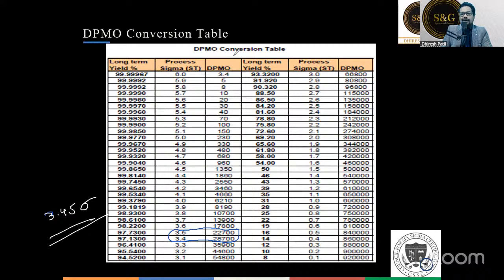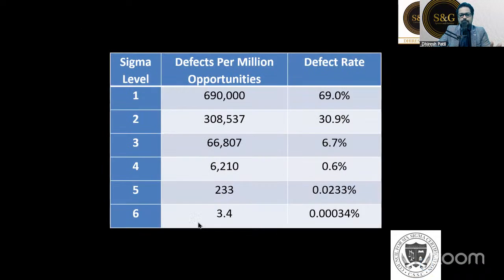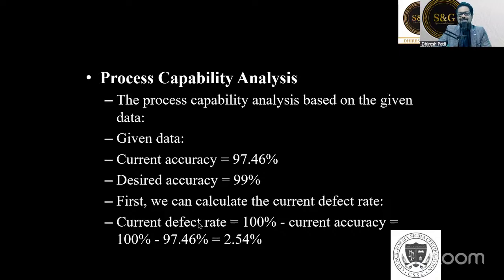So you calculate DPMO. How did we calculate DPMO? 2.54% was the defect rate. Let me repeat the process once again. Just observe very carefully. You can see here 97.46 was the accuracy rate. So 100 minus 97.46 is equal to 2.54.